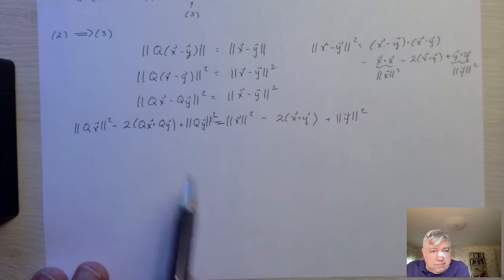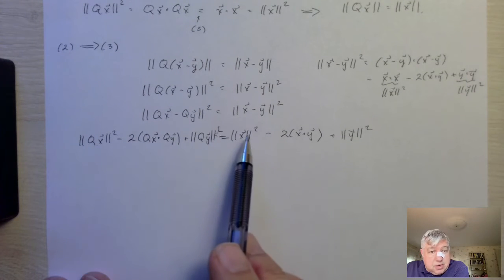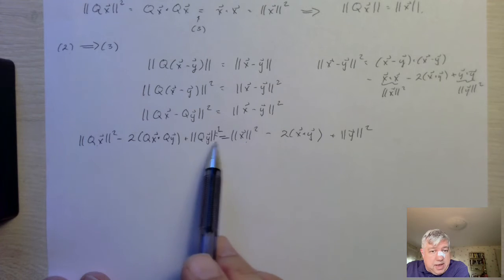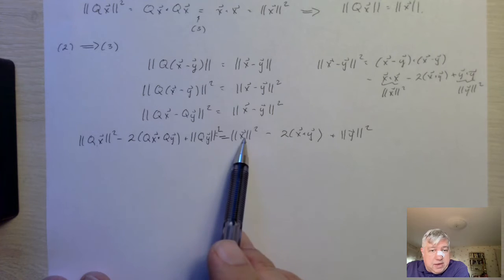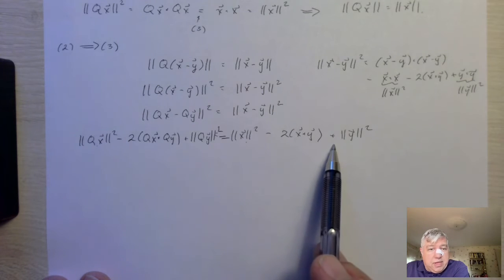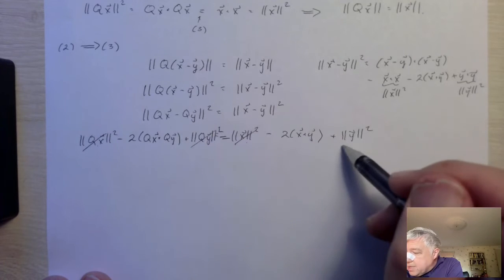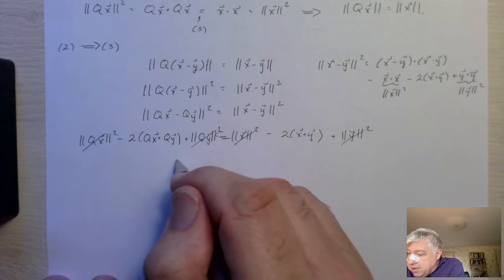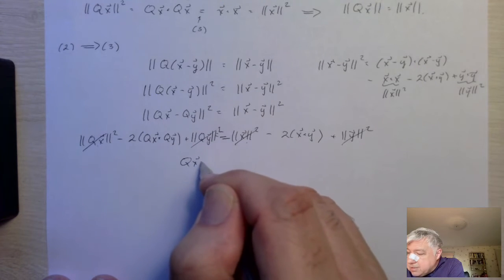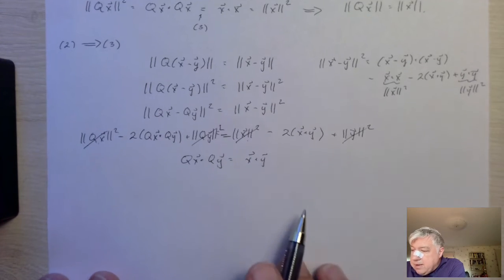And then we assume by 2 that this is equal to this: the length of Qx is equal to the length of x, and the length of Qy is equal to the length of y. These two terms cancel, and these two terms cancel. And then we can just divide by -2, and we get that Qx dot Qy has to be equal to x dot y. Okay, and that proves 3.